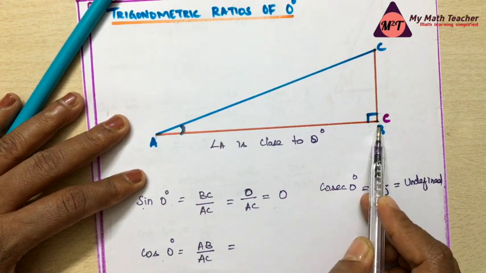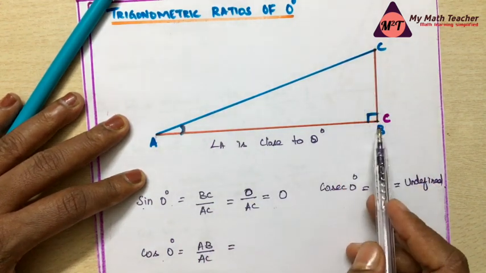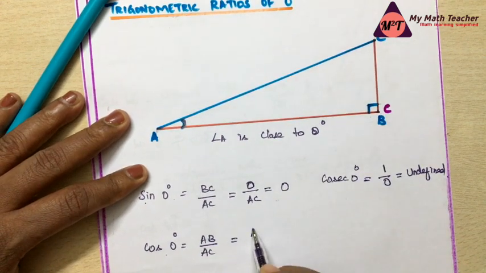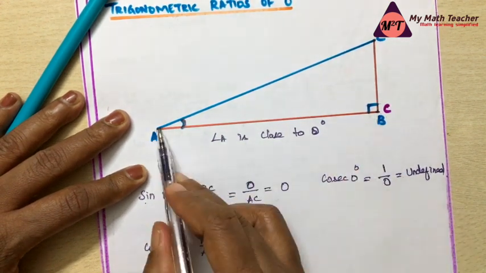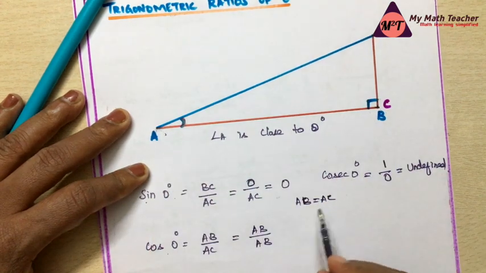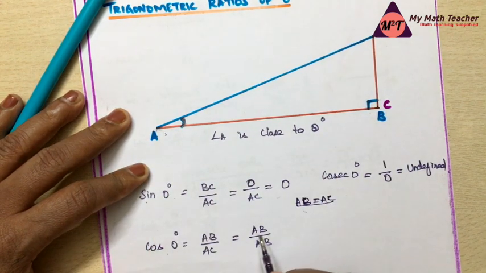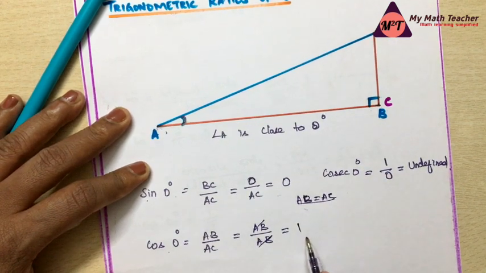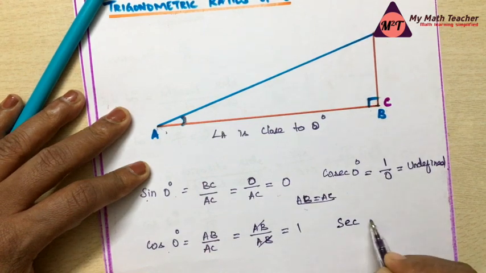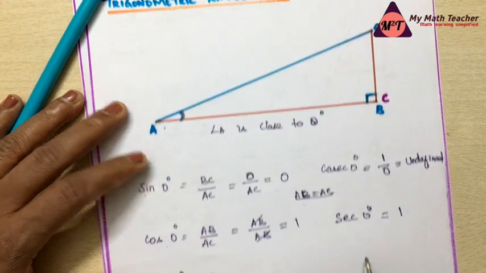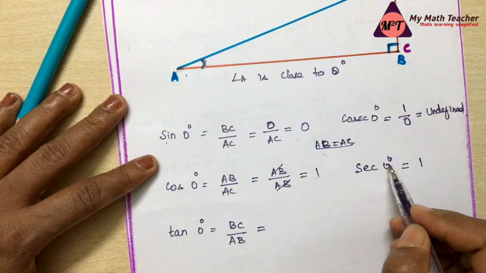It is not exactly the same, because the hypotenuse is always the greater side, but it is almost the same. So we can substitute AB by AB, which is equal to 1. So when cos 0 degrees is 1, what will be secant 0? Secant 0 is 1 by 1, which is again 1. The reciprocal of 1 is 1 itself.